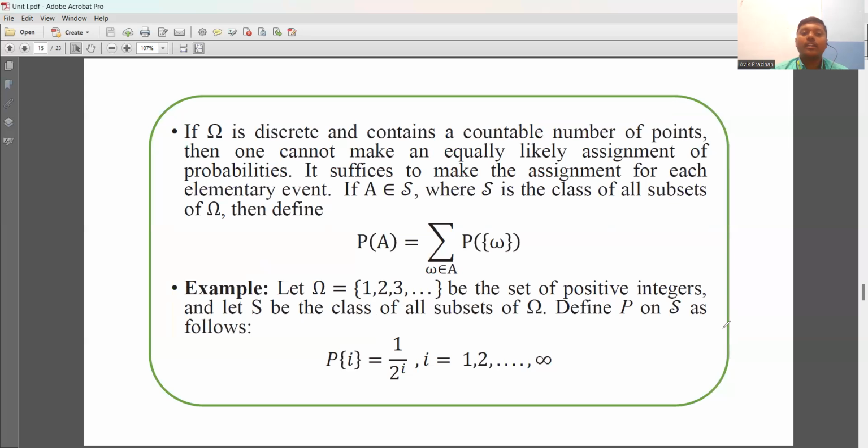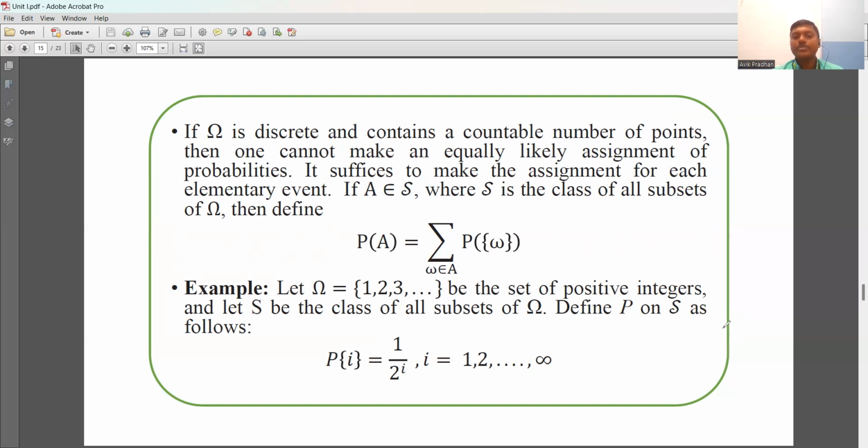Then we can assign the probability of a single sample point or single event as equally likely. So if I have n number of sample points in the set omega, then we can assign the probability for each individual point as 1 by n.